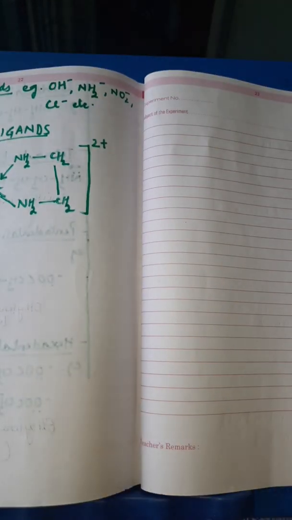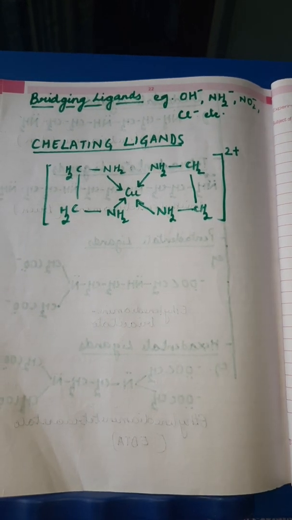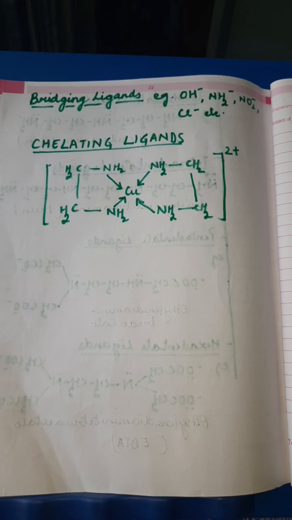The 7th one is known as bridging ligand. My dear students, bridging ligands are such monodentate ligands which can simultaneously attach themselves to more than one metal ion.